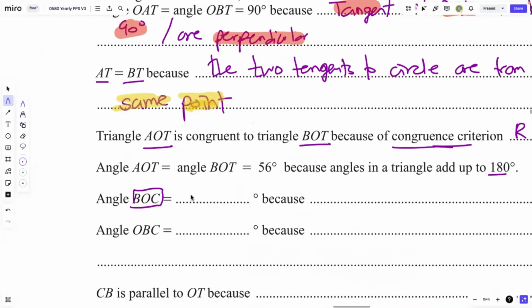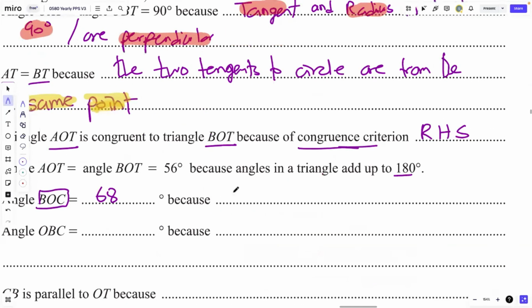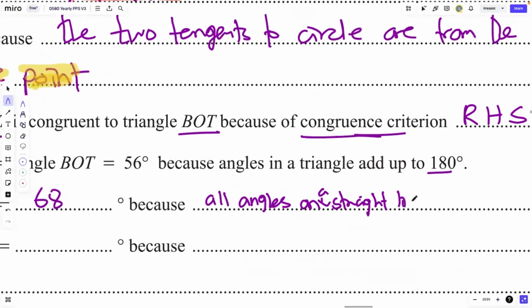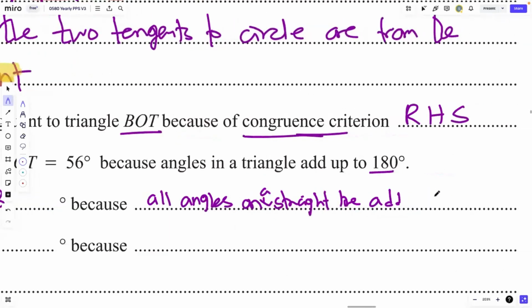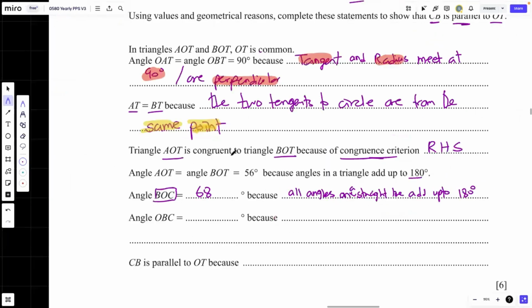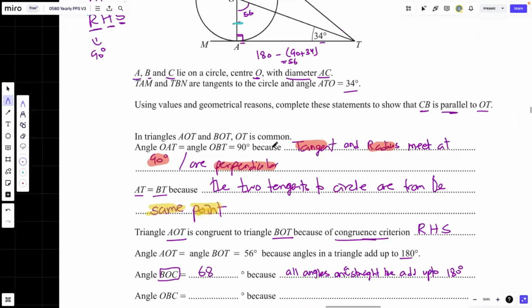And so this is 68. And the reasoning for that is because all angles on a straight line add up to 180. So we're basically using the 180 logic that we found because it's a straight line.